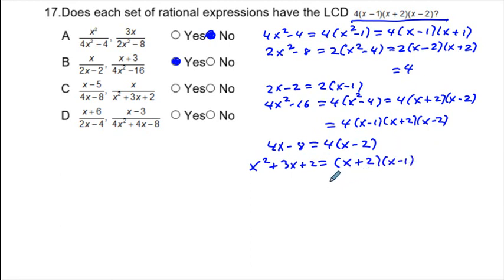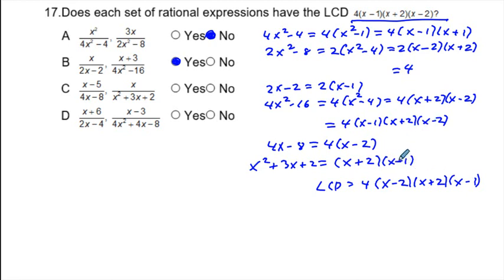And so our least common denominator for this one is going to be 4 times x minus 2, x plus 2, x plus 1.